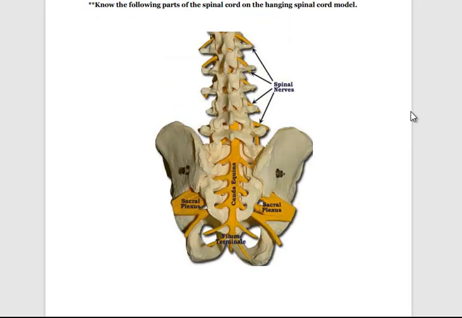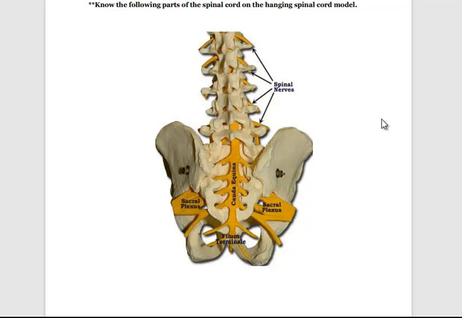You really shouldn't have too much trouble with this particular picture. There's a couple of words that you have not talked about before, but when you look at them, it's really, really obvious. So back in the picture before, we saw where you had the dorsal ganglia and the ventral root joining together to make a spinal nerve. And here are the spinal nerves coming out of each of the vertebra.